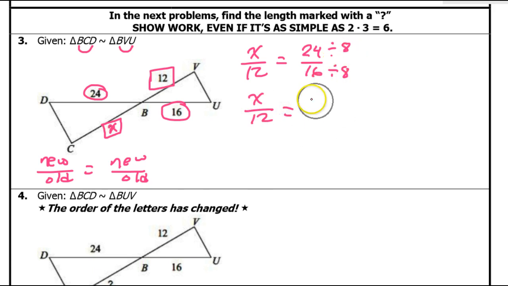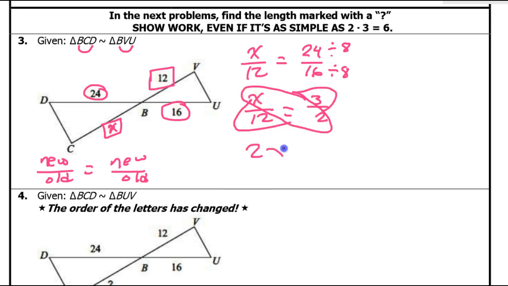So 24 divided by 8 is 3. 16 divided by 8 is 2. So I just reduced. And now I will cross multiply. So that's going to give me 2x is equal to 36.